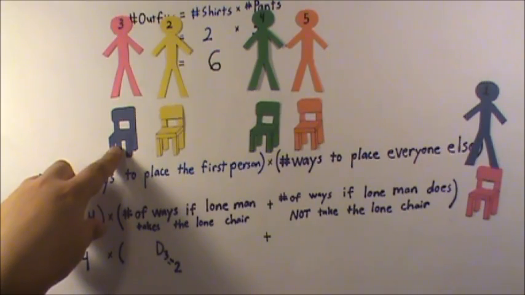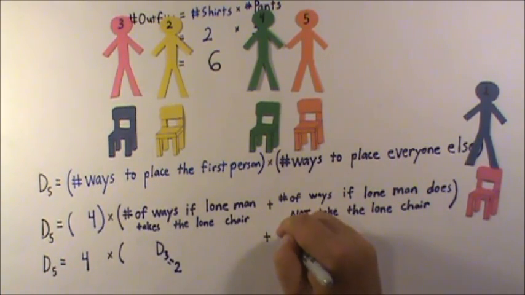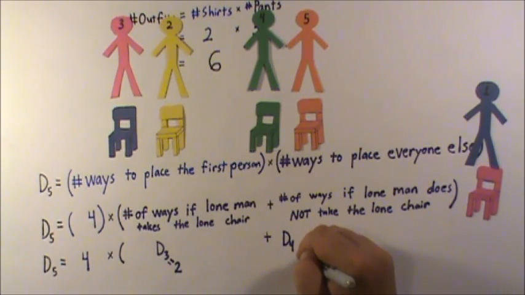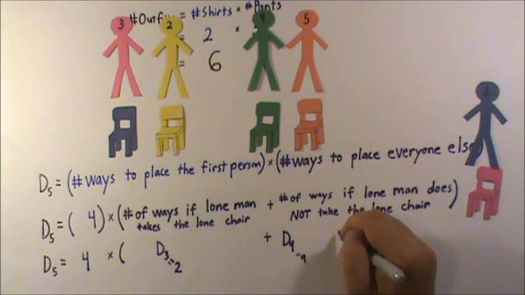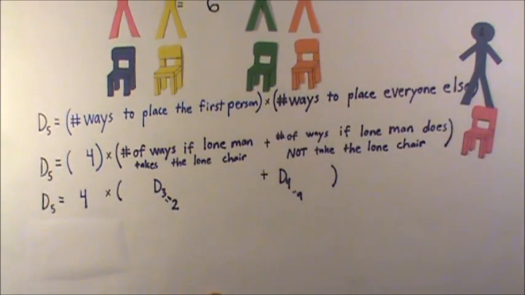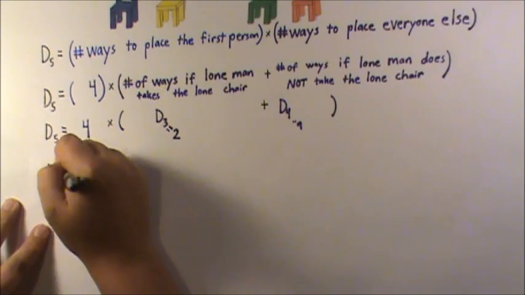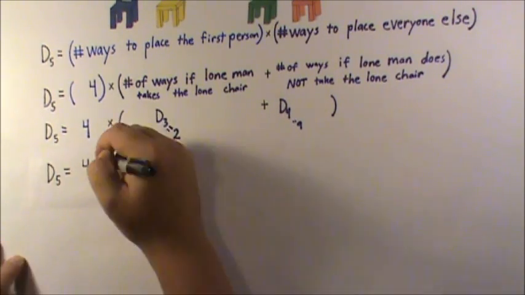But they can take any other chair. That's by definition D4, which we said was 9. So we now know that D5 is just going to be 4 times 11. Now, wasn't that just so much faster than trying to list out all the possibilities?